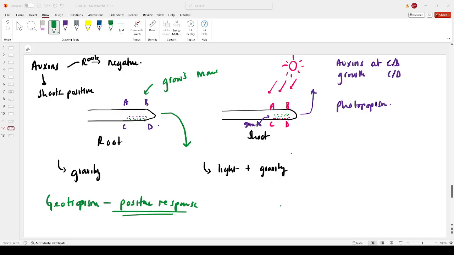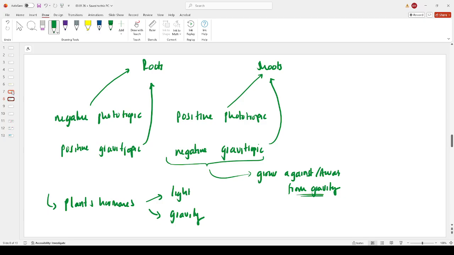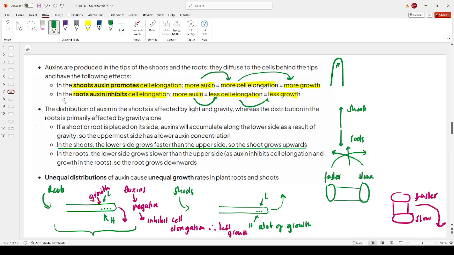Auxins for the root. I'll just pull up the information here. Remember, in roots, auxins inhibit cell growth. So I think that's where we got the negative mixed up.